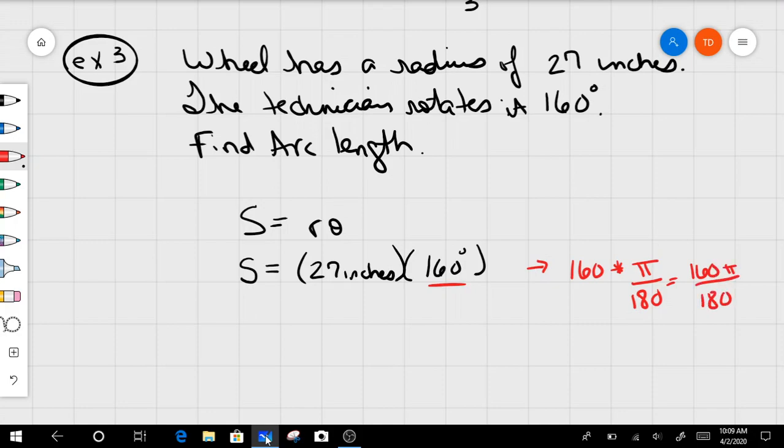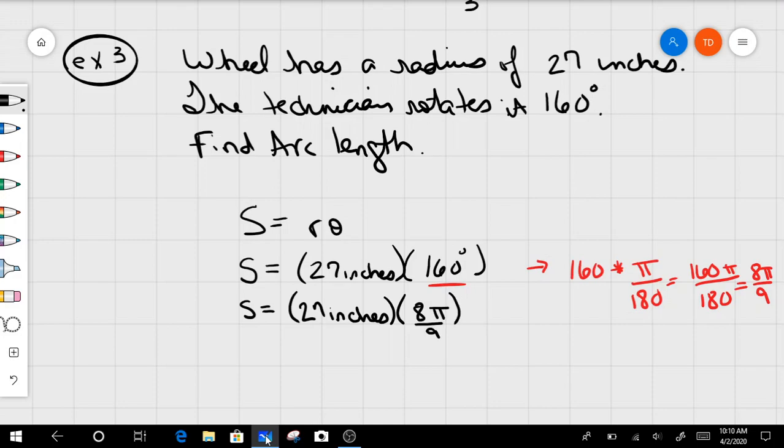And if you do the math on that, it's 8 pi over 9. I'm going to leave it like that for a second. You can go ahead and convert it to a decimal there if you want to. So this is 27 inches times 8 pi over 9.